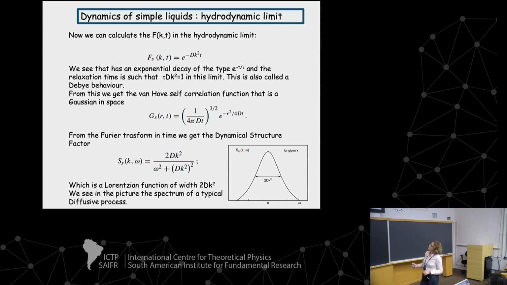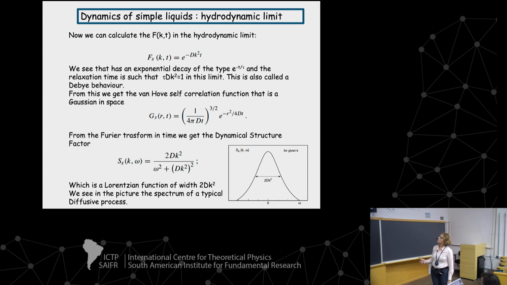So in the hydrodynamic limit, we have this exponential decay, as I just said, and we have that tau is equal to 1 over Dq². In fact, if you are familiar with this phenomenology and theory that I'm describing, very often experimental papers talk about a violation of this law, because when we are slowing down the liquid, this law is violated in the intermediate time, of course, because we have other phenomena.